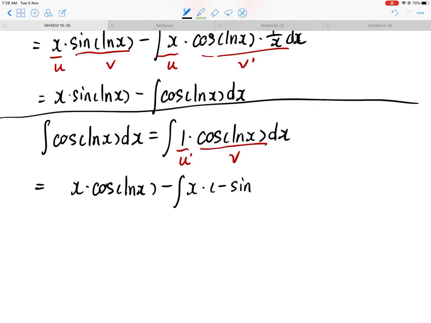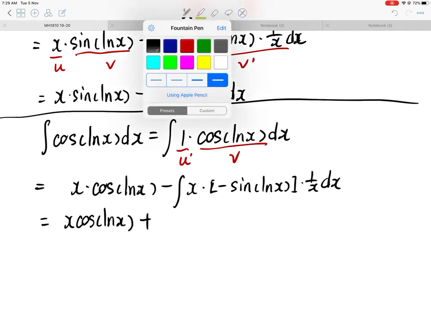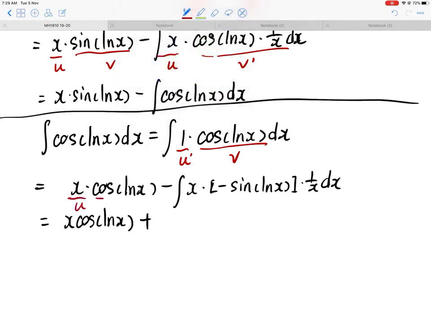So v's derivative is like this. It's x cosine ln x plus integration of sine ln x.